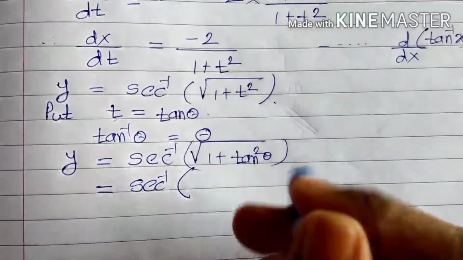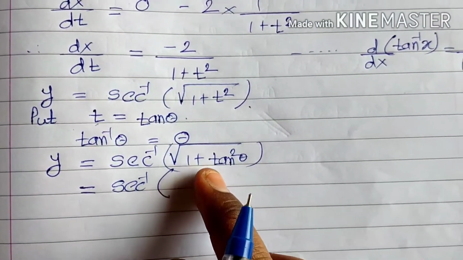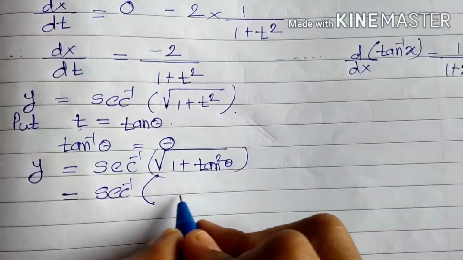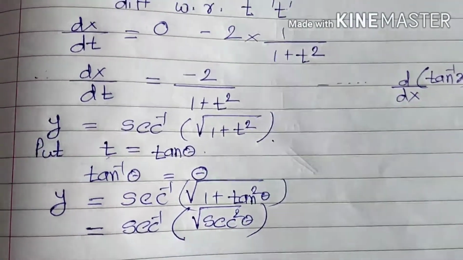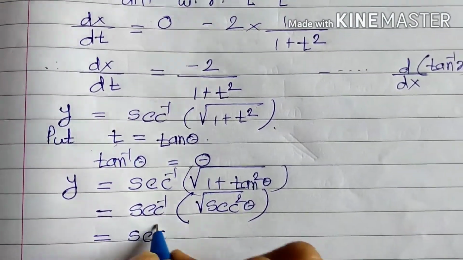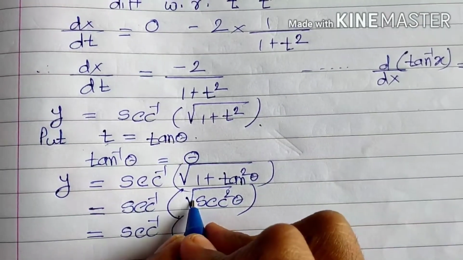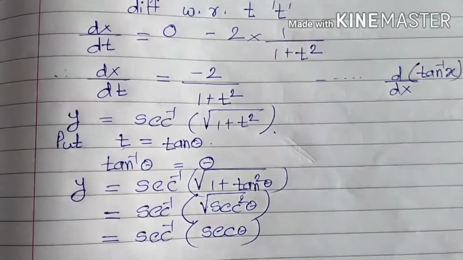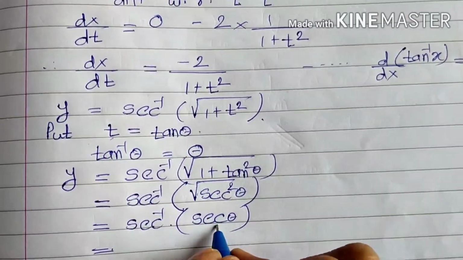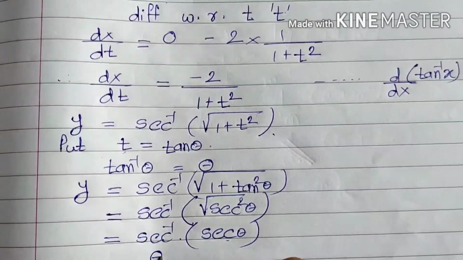Now by using mathematical identities, under root of 1 plus tan square theta is sec square theta, and under root of sec square theta is sec theta. Sec inverse of sec theta is theta.